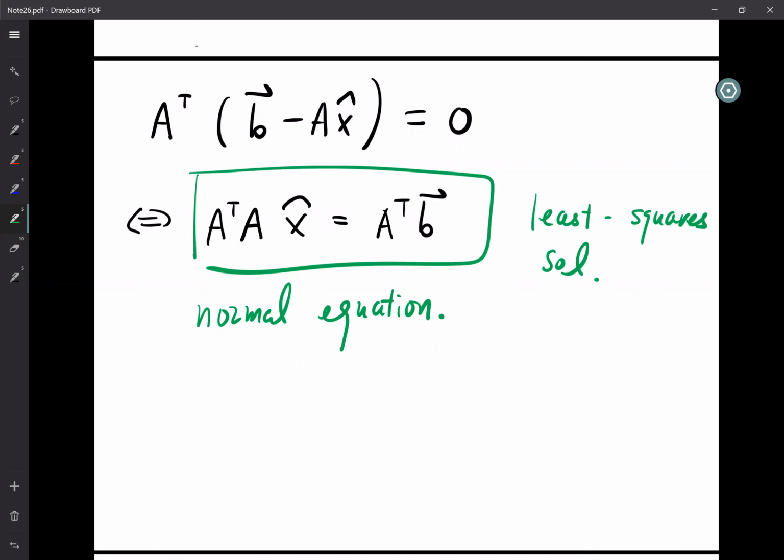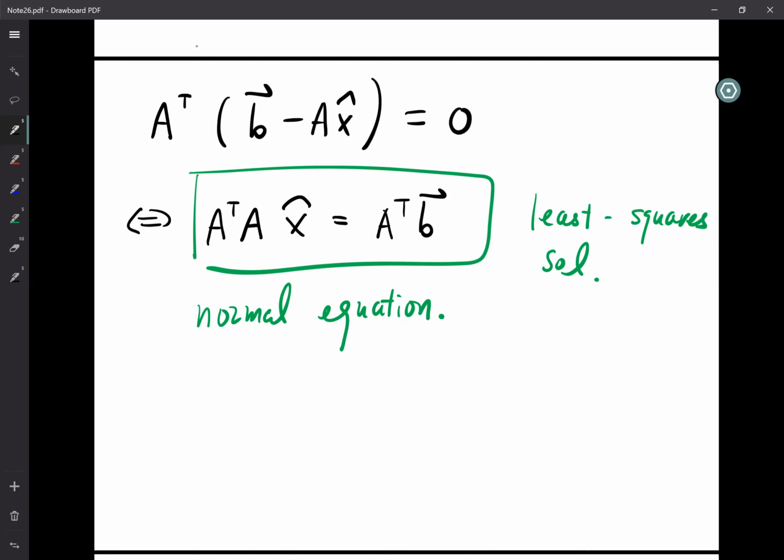So this problem is actually a lot easier to solve if you think about it, because Ax equals b may not have a solution. Recall the linear regression problem: I have 10,000 data points, and I have two numbers to determine. So A is a matrix of size 10,000 by 2.